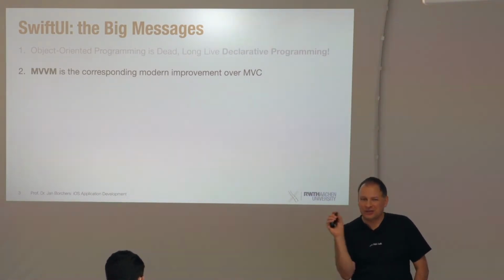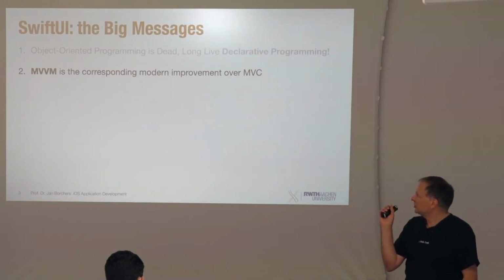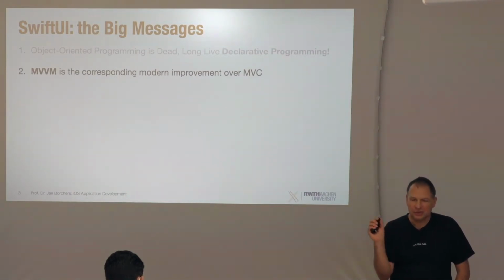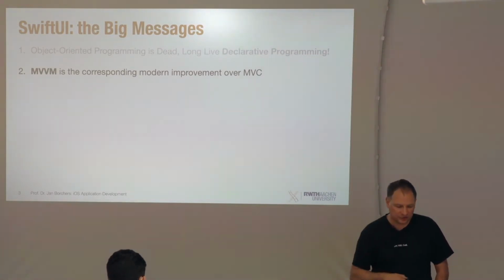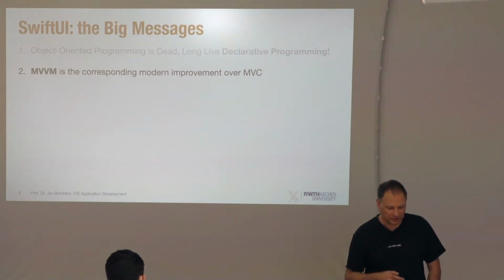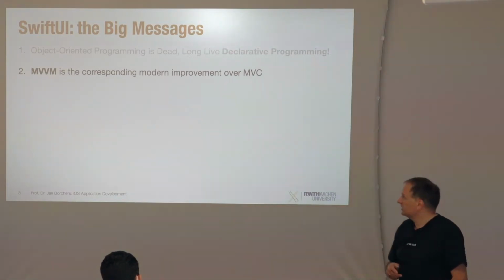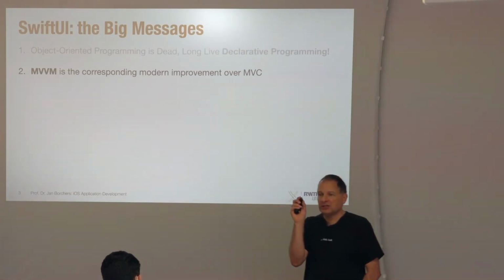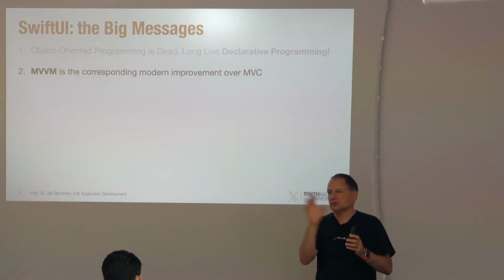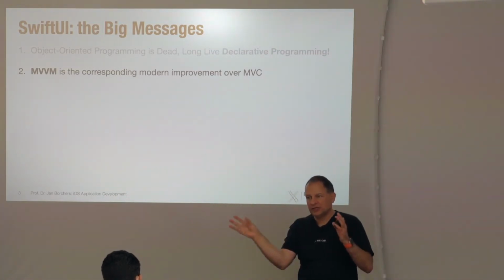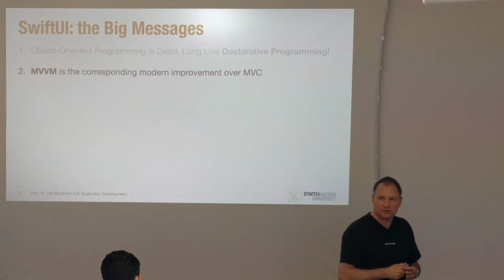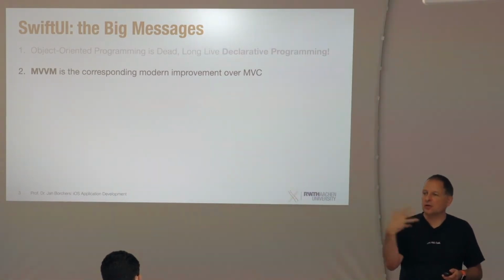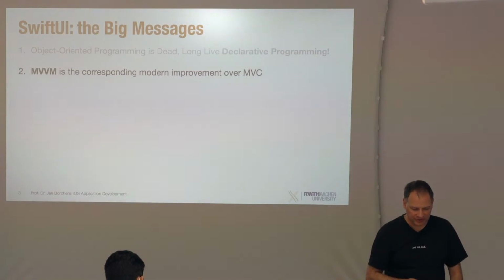So there is a third component now. It's no longer the controller. The view model is a new piece in this triangle of responsibilities and roles. In short, it's the part that makes sure that your model data and your view data always stay in sync. And so you don't need to store state or anything in your views. It's all based on what your model is currently saying.